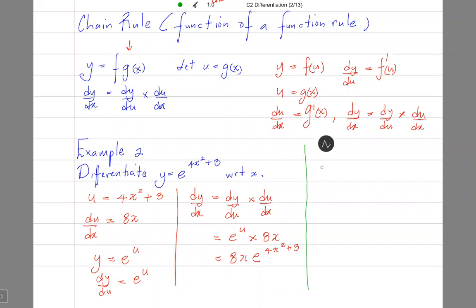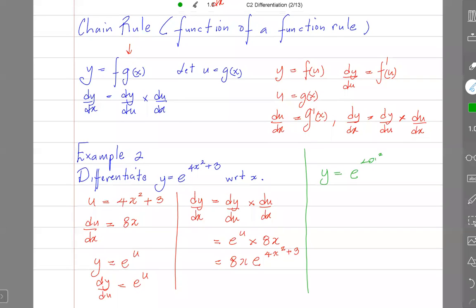First of all, I have y is equal to e to the 4x squared plus 3. Now, first, I would have to recognize that this is a composite function and that 4x squared plus 3 is the inside function.